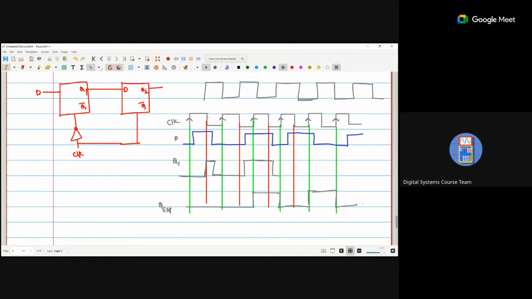In the negative region, it follows D. Again in the positive region, no change. There should be one more line also, one more red line.